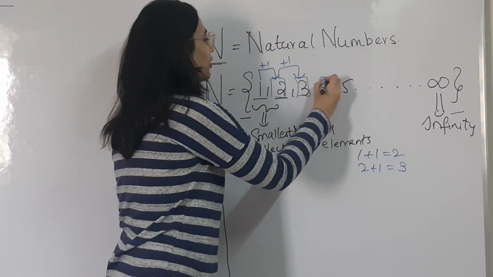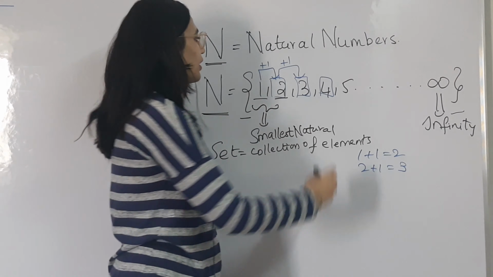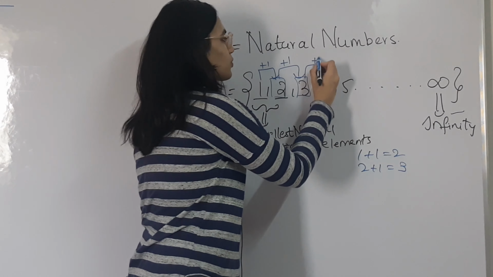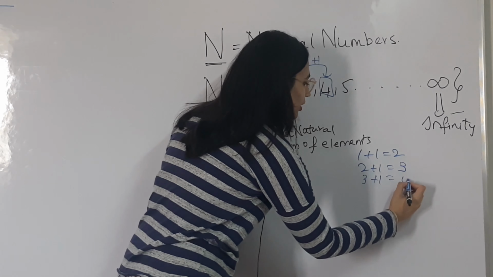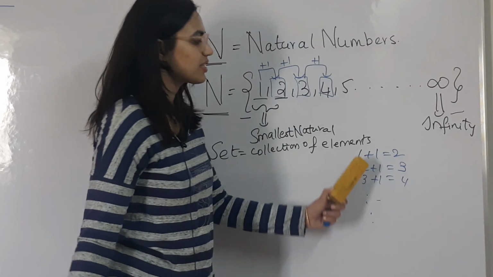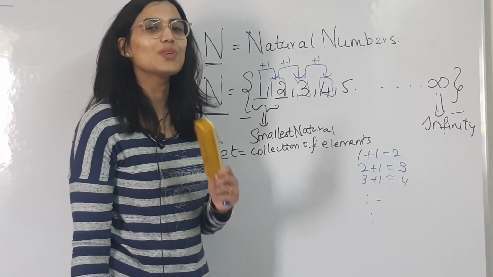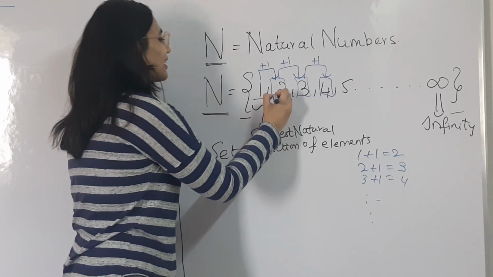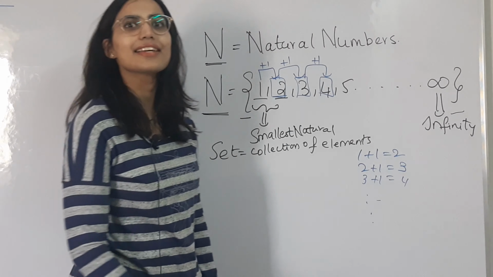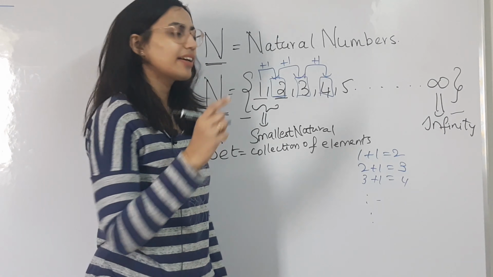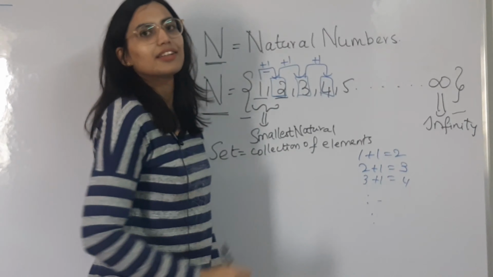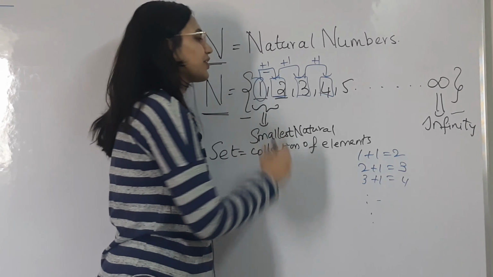How do you write 4? Can I write 4 as 3 plus 1? So 3 plus 1 is equal to 4, and so on. What do you see in this trend? You will see that the next number in the set of natural numbers can be obtained by adding 1 to the previous number.